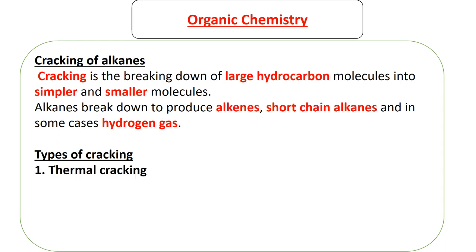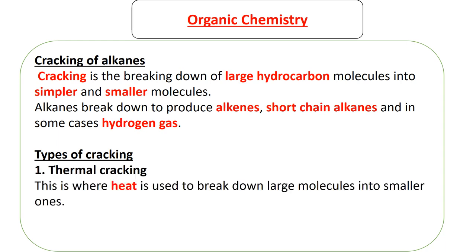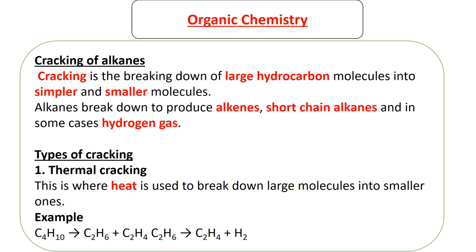The first one is thermocracking. In thermocracking, heat is used to break down large molecules into smaller molecules. An example of thermocracking is this, where we have butane. After being heated, it breaks into ethane, C2H6, plus ethene.